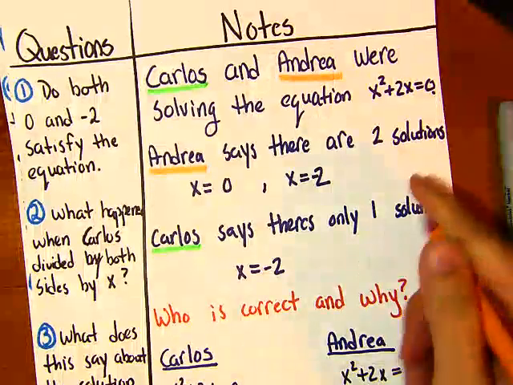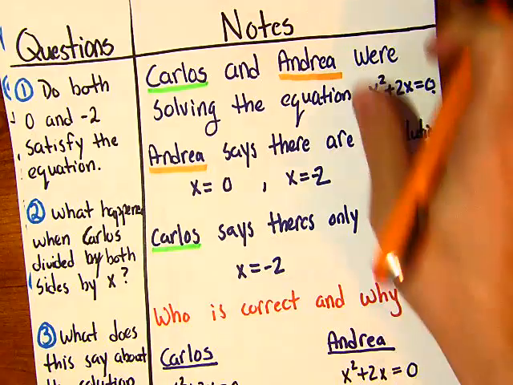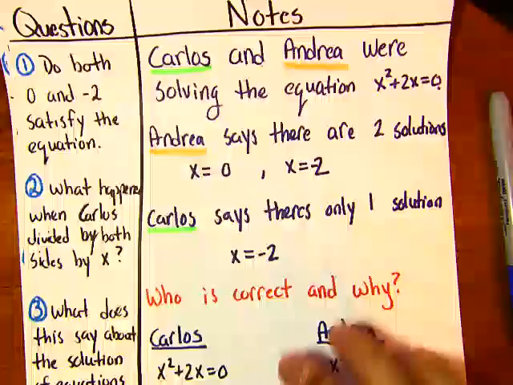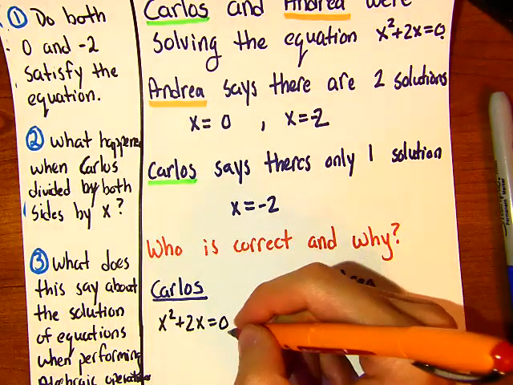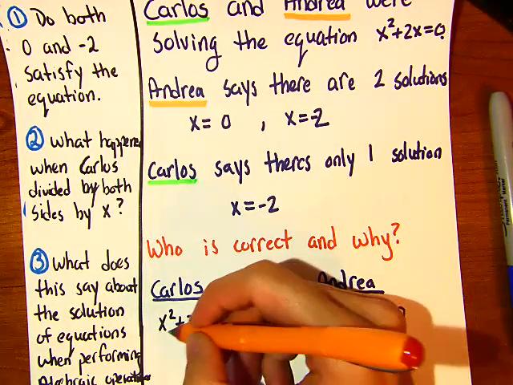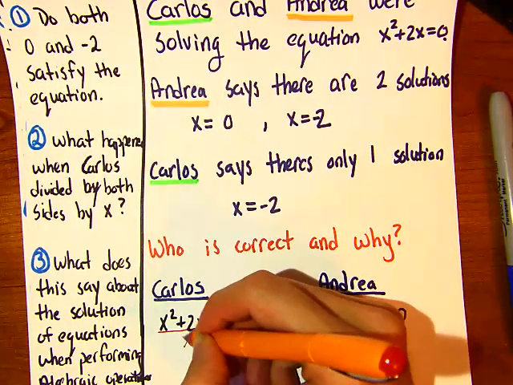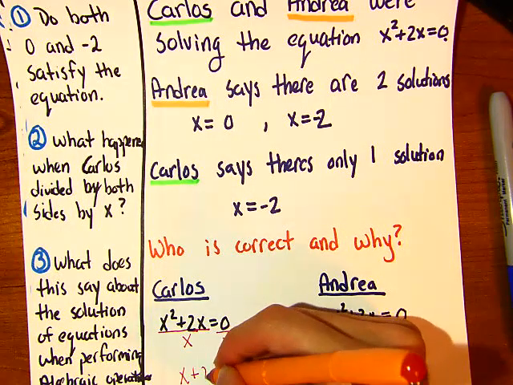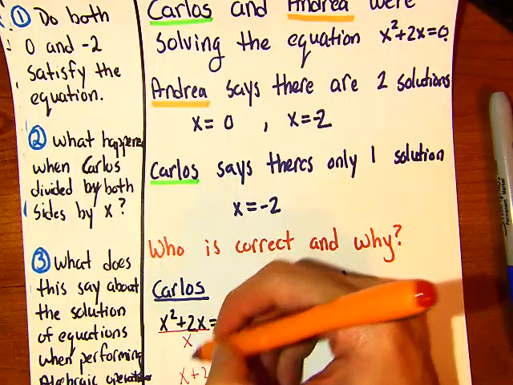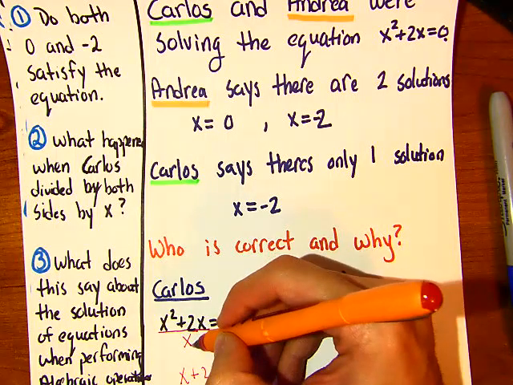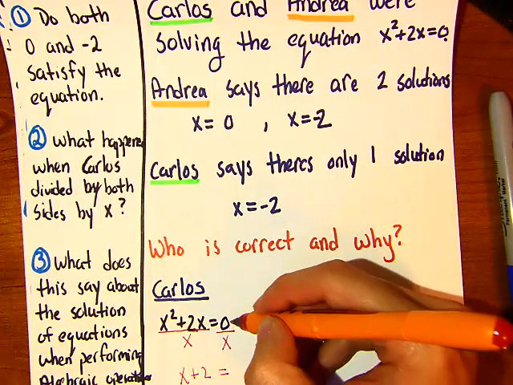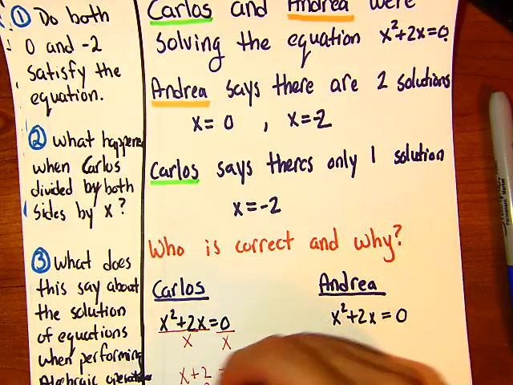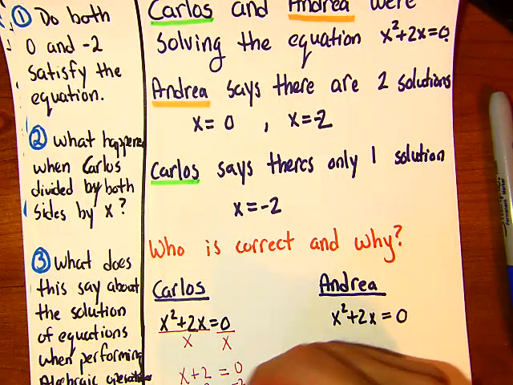If Carlos says that there's only one solution here, my guess is that he divided both sides by x. And now, what did he get? He gets x plus 2, because x squared divided by x is x, and 2x divided by x is 2, is equal to 0 divided by x, which is just 0, and then you do minus 2, and x is equal to minus 2.